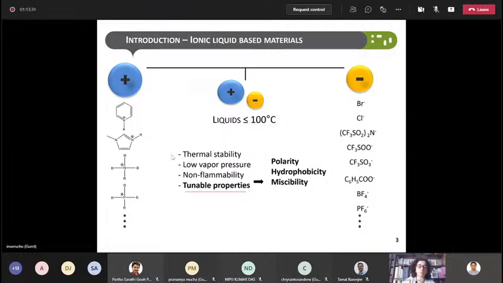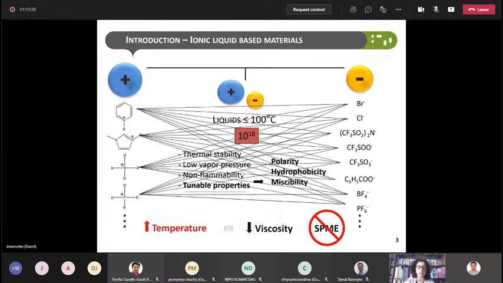So they have high thermal stability, low vapor pressure, non-flammability, and tunable properties. And so I can make 10 to the power of 18 combinations of all these cations and anions, and we can prepare fibers that can be tuned for all the analytes that I want to desorb.